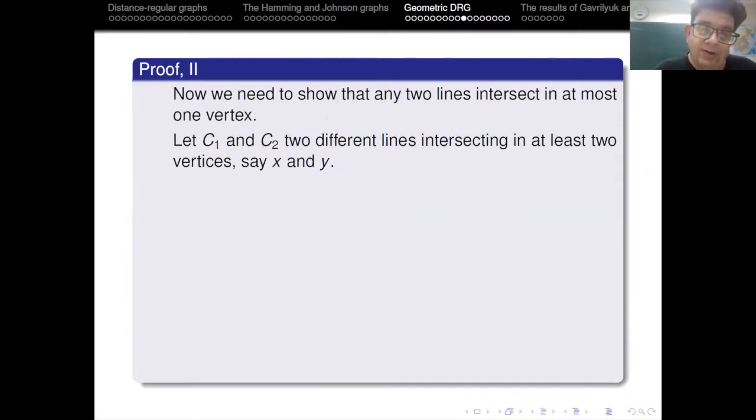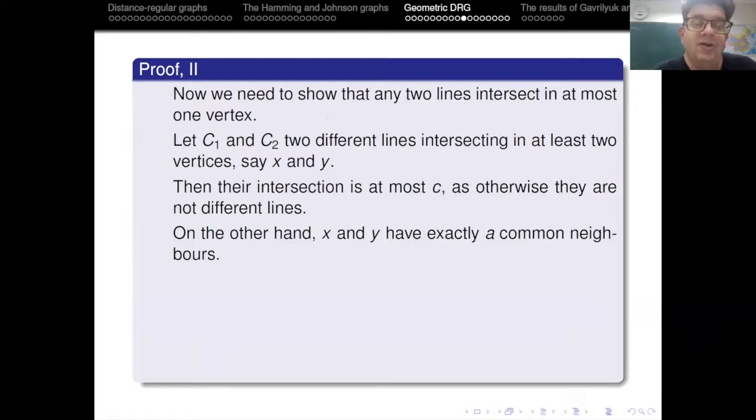For the second condition, we need to show that any 2 lines intersect in at most 1 vertex, or 1 point if you prefer that. Let C1 and C2 be two different lines intersecting in at least two vertices, say X and Y. Then the intersection is at most c, as otherwise they are not different lines, because they have a vertex in C1 that is not in C2, and a vertex in C2 that is not in C1, because both are maximal cliques.